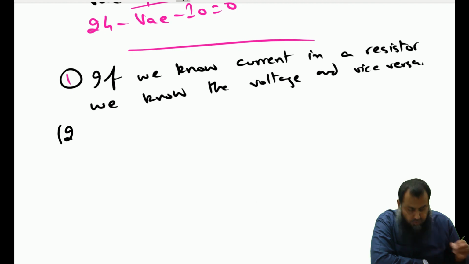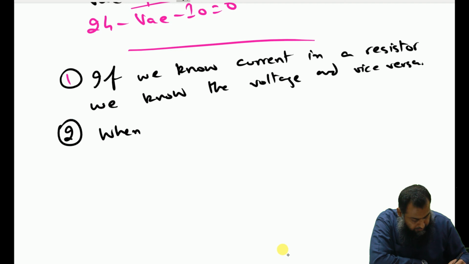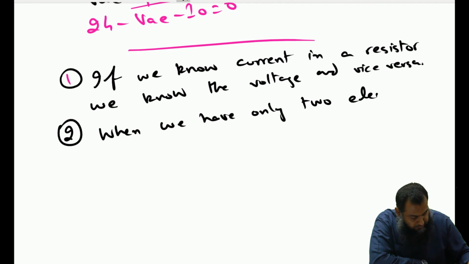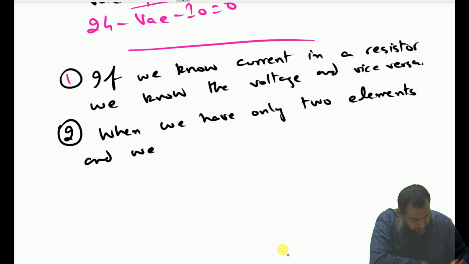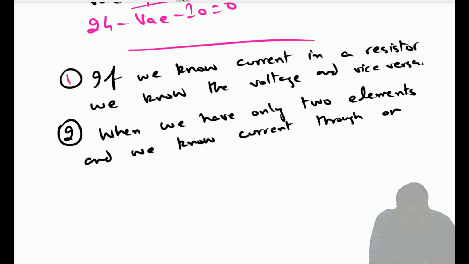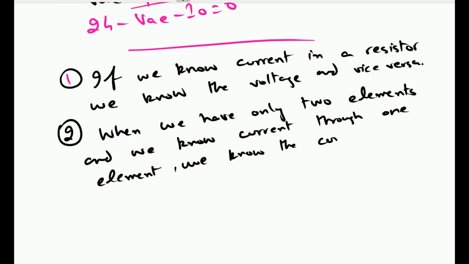Regarding the Kirchhoff's current law, it says that when we have only two elements and we know the current through one element, then we know the current in the other element as well.